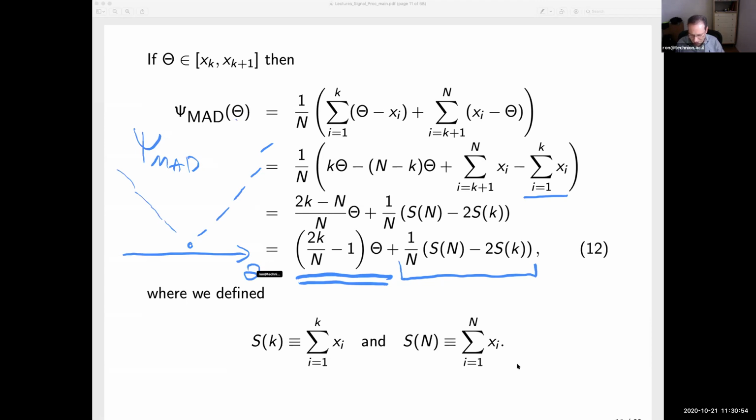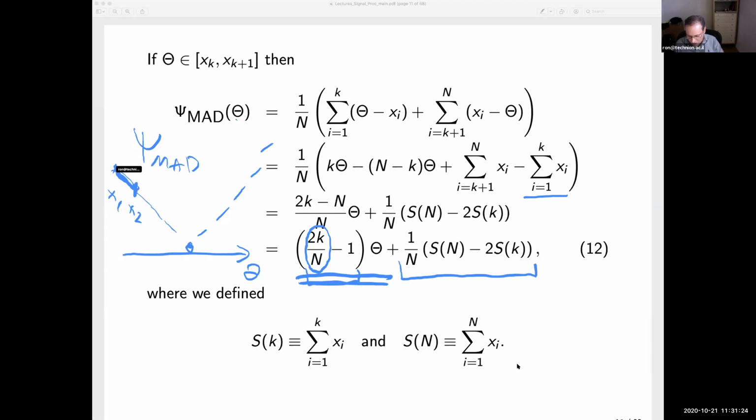I'm now playing with theta, and I'm plotting the value of phi MAD. So if I'm choosing my theta to be between x0 or x1 and x2, I would get some slope, and the slope would be 2k over n minus 1. And since 2k over n, for k smaller than n divided by 2, this part is negative, the slope between these two points would be negative.